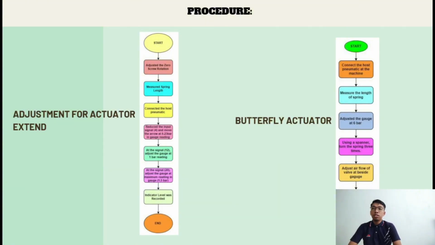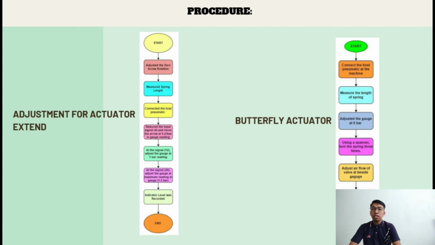For adjustment for actuator extent, we must follow the step that has been given to troubleshoot an actuator machine. First, we can see at the flowchart, this is our procedure, we have to follow it. And the butterfly actuator is the same, just the difference between actuator extend and butterfly actuator.